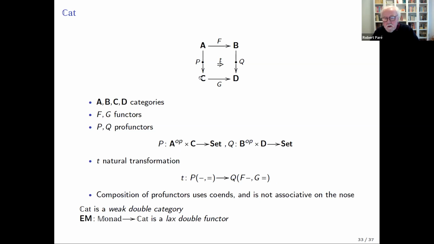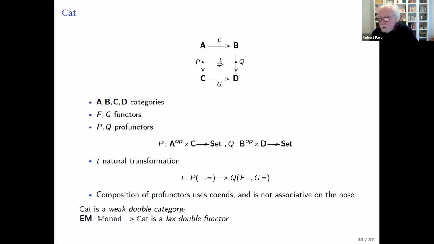The vertical morphisms are profunctors, and the cells are natural transformations from P into Q, F, G. This should remind you of the relations example that we had at the beginning. Now, composition of profunctors, of course, uses coends, and so it's not really associative on the nose. It's only associative up to coherent isomorphism. So what we're getting now is a weak double category.